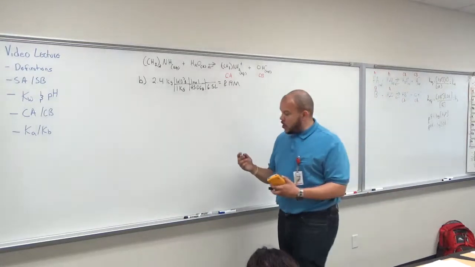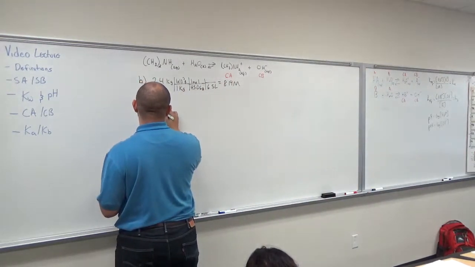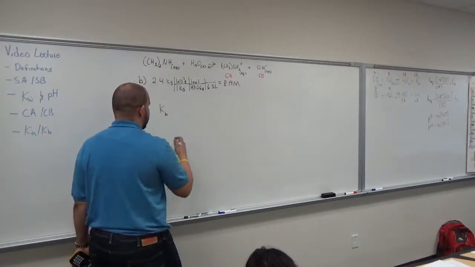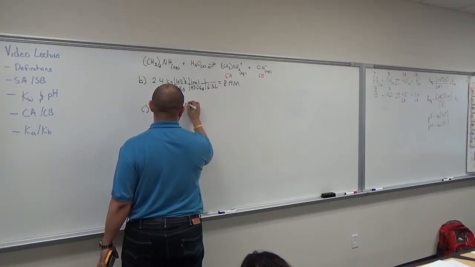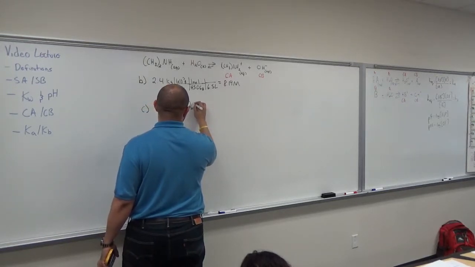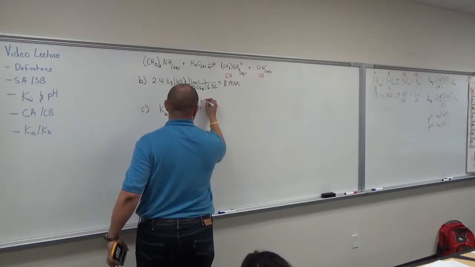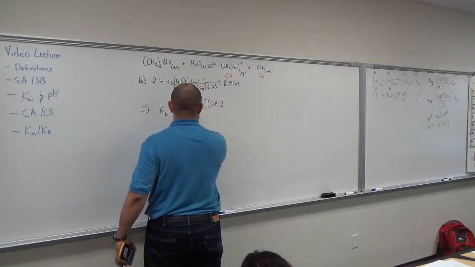Determine equilibrium expression. Okay, so the equilibrium expression is now Kb. It's still product over reactants, and we still leave water out. So the concentration of the conjugate acid, NH2 plus, times OH minus, all over the base.